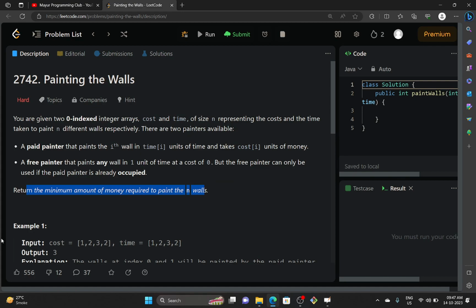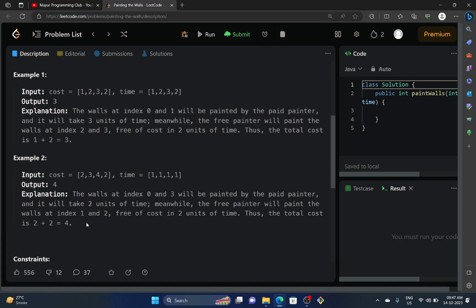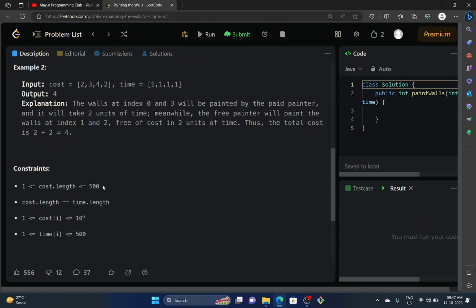So how will we be solving this problem? First of all, let's have a look at the constraints. The length of the cost array will be of order 500, so in total 500 walls can be there.